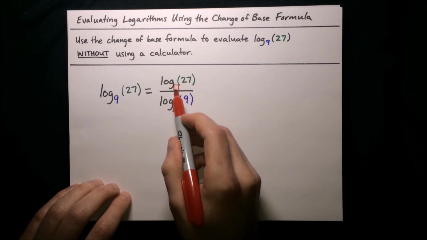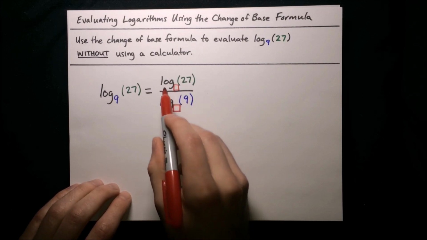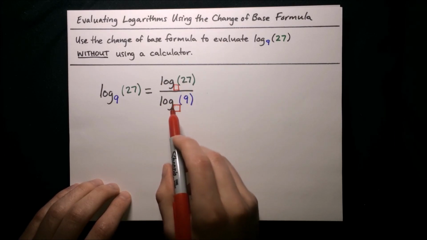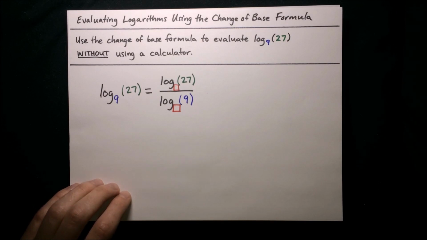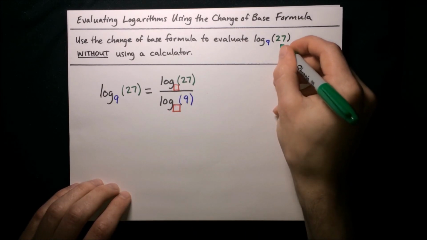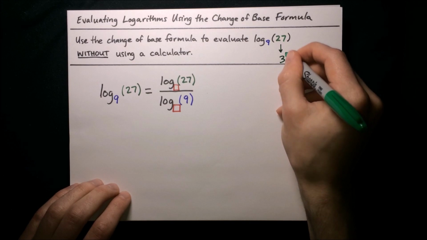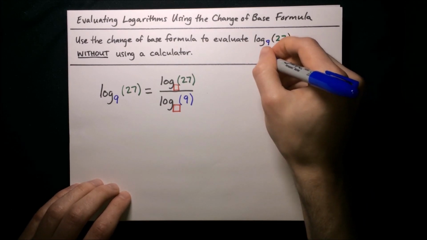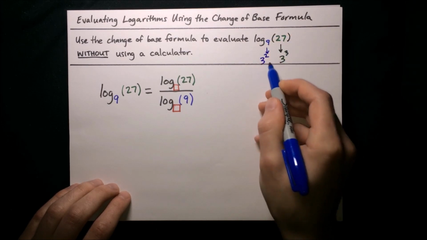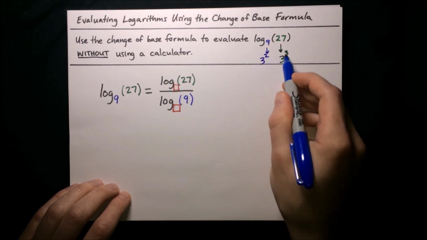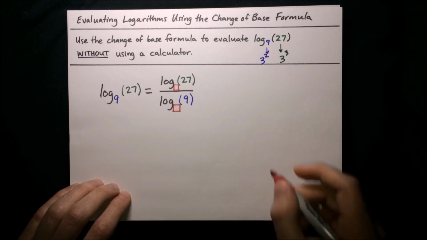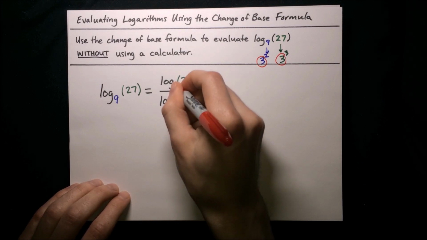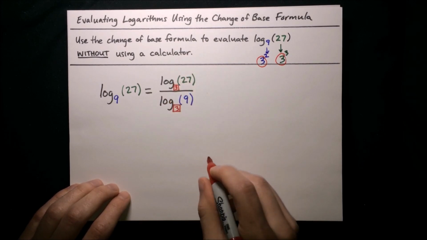Can we choose a base for both of these where it's easy to evaluate log base that of 27, and where it's also easy to evaluate log of that base of 9? Well, here, notice that 27 can be written as 3 cubed, and 9 can be written as 3 squared. They both have a common base of 3 here, raised to different powers. So that's a good indication that that common base of 3, that's what we should be using as our change of base here. So we want to change it to be base 3.